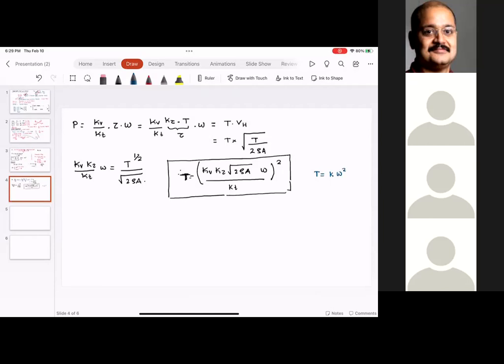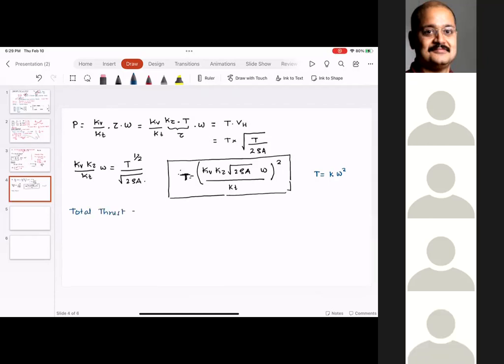So now there are 4 motors. So total thrust will be summation of 1 to 4, so I can say that, and this thrust is going to be in the z direction.